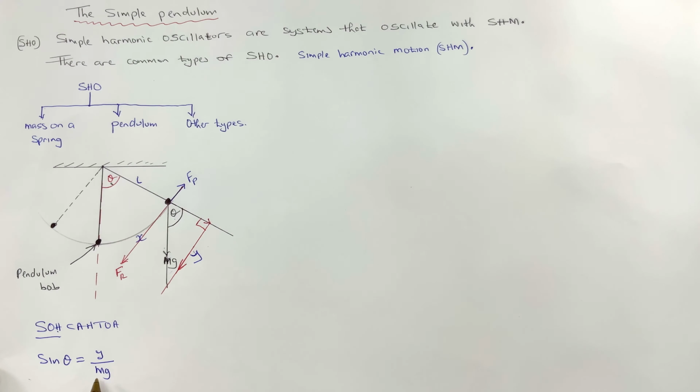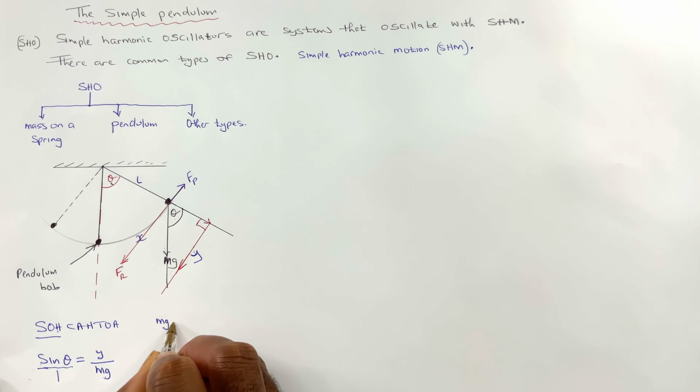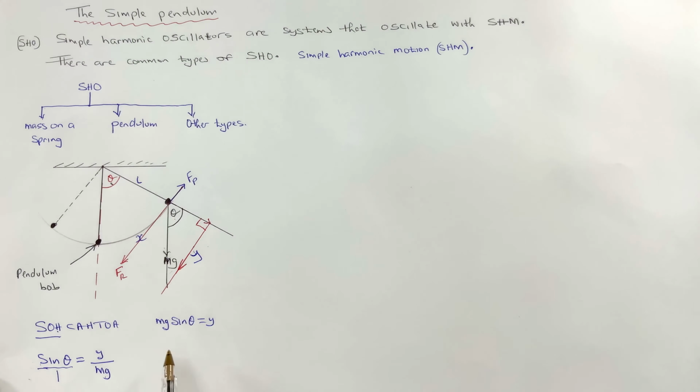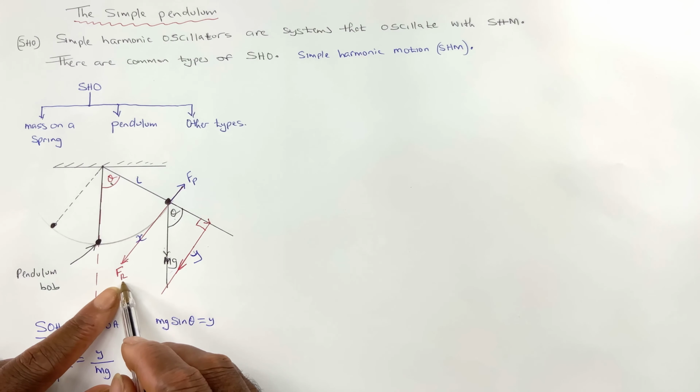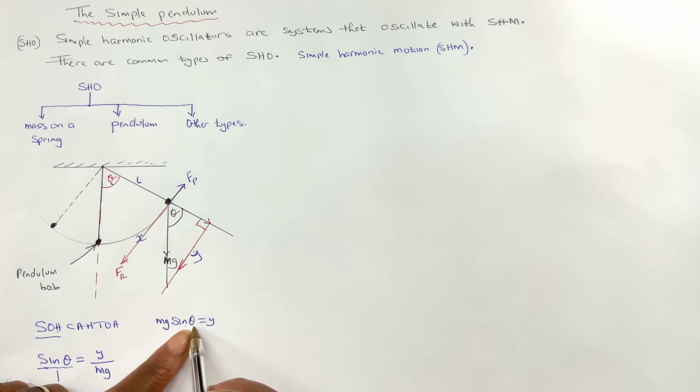So what I can do is multiply both sides by mg, or just cross multiply. Don't forget that's over 1. So if I cross multiply, that will make mg sine theta equal to y.